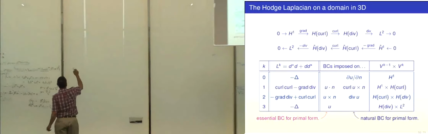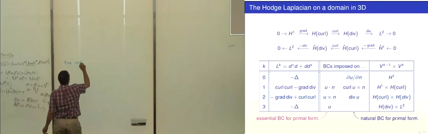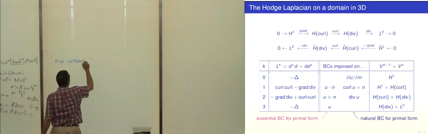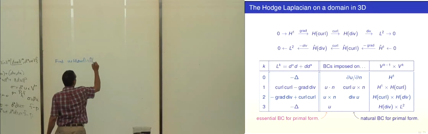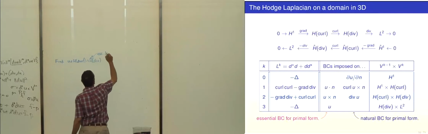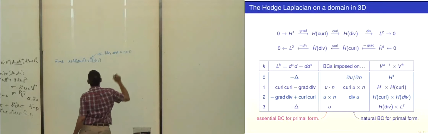So we're trying to find u in H curl intersect H0 div. So this is the essential boundary condition, u dot n equals 0.